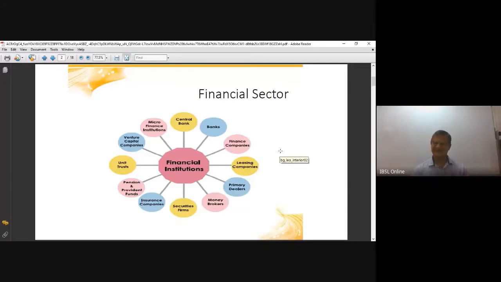So it's another subject we deal with. Banks and financial institutions need to follow the regulations laid down by the Central Bank of Sri Lanka. So this is what the financial sector constitutes. Now we move on to our subject matter.